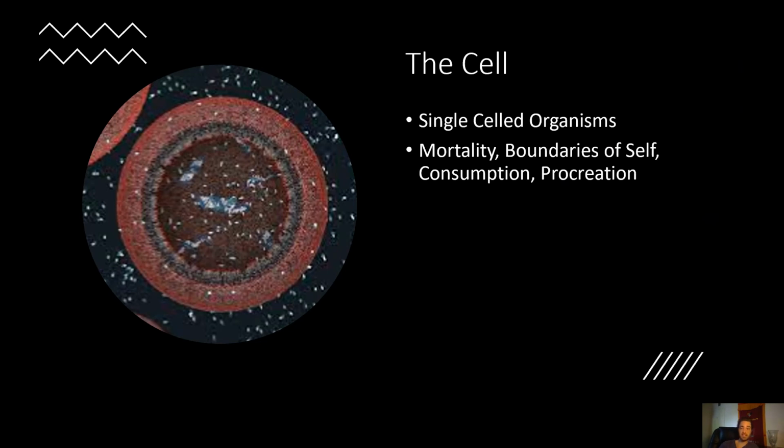We already recognize the idea of a solid, distinct boundary of self, right? So there's a cell wall, there's the inner and the outer. We already begin this huge effort of consumption. We have to eat to stay alive. And then also procreation, the capacity and seeming will to procreate.